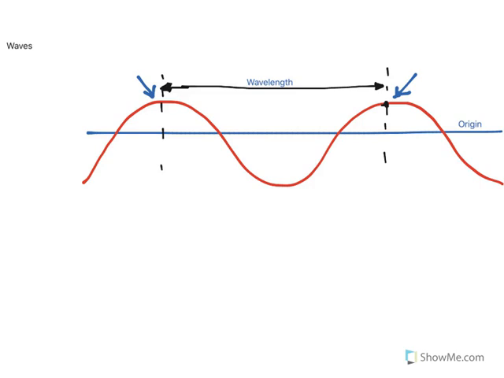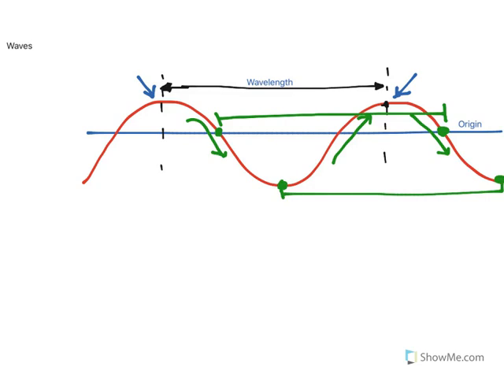But you also could have picked, say, this point right here. Notice how we're going downward on the curve, so the next identical point can't be this point, because we're going upward. It's not until this point that we're going downward again. So this is the next consecutive identical point, and this distance would also represent the wavelength. If we pick the two bottom peaks over here, this distance would be the wavelength.